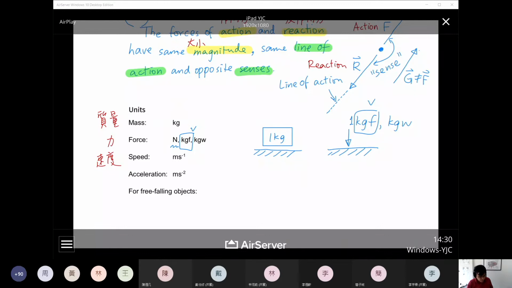Anybody know how to say this one word by one word in English? If you can go to the message box, you can type it down. Or you can switch on the microphone and say it. Miles per second. Is that right? I guess.